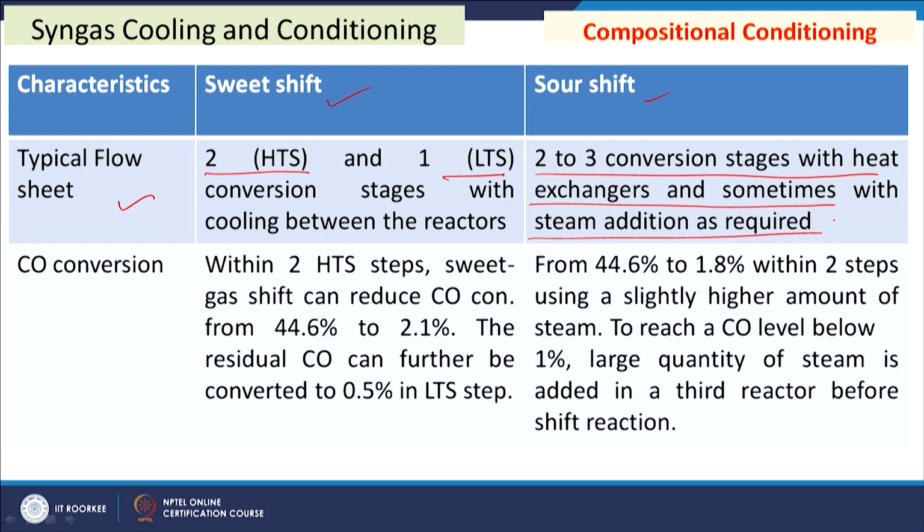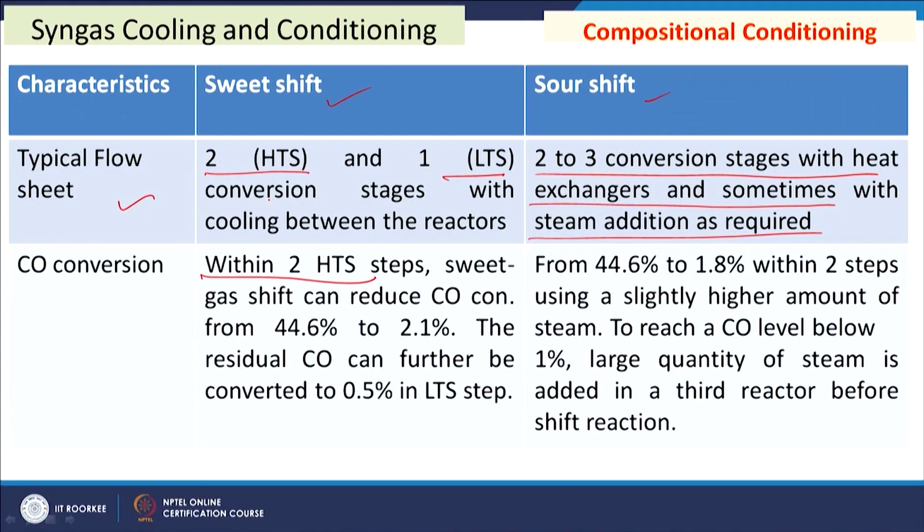And regarding conversion, how much H2 can be produced within 2 HTS steps: the sweet gas shift can reduce CO concentration from 44.6% to 2.1%, whereas sour shift can reduce 44.6 to 1.8% within 2 steps. So, in both the processes we can reduce the concentration of CO below 1% and hydrogen concentration can be increased.